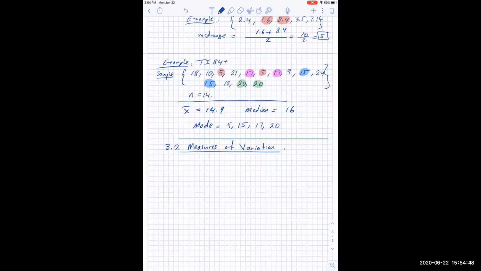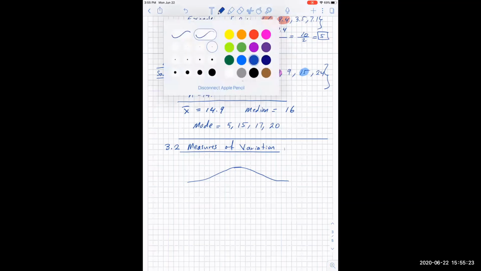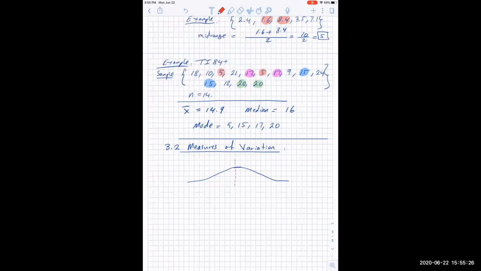Okay. So I want to explain, guys, this sketch here. I have two bell curves. I want to show you two normal distributions, or bell curves.